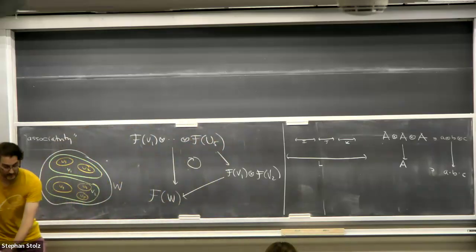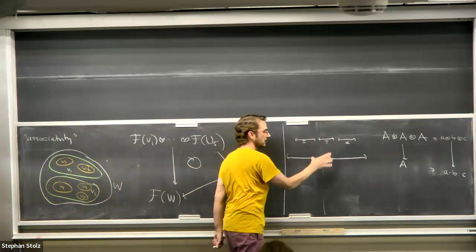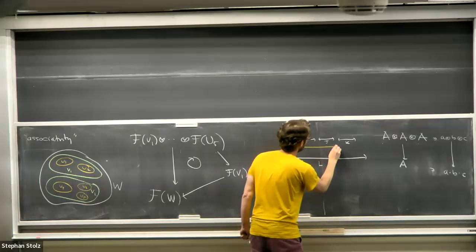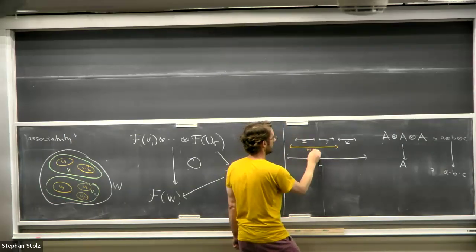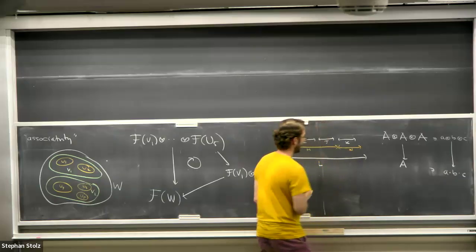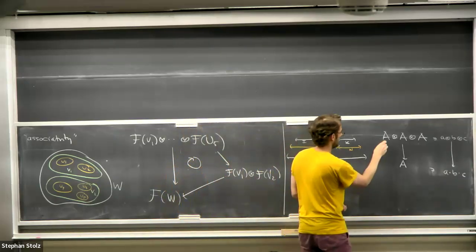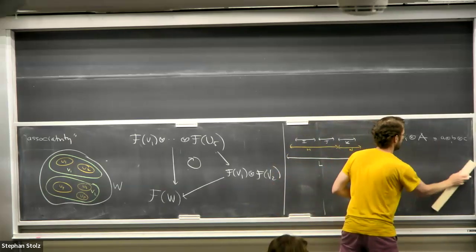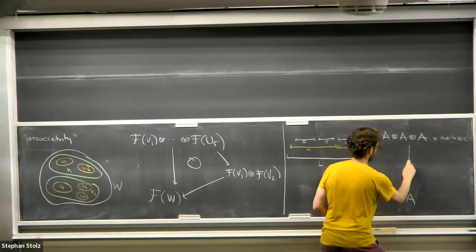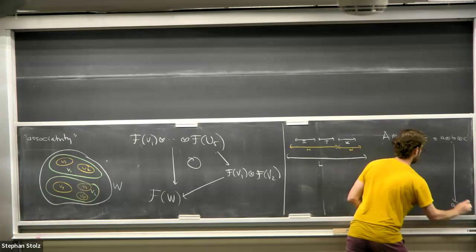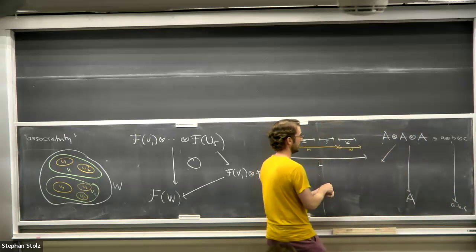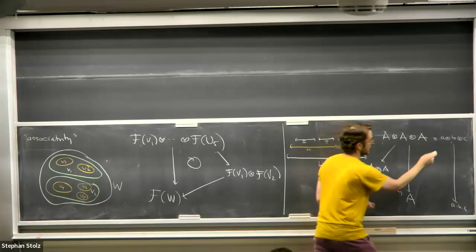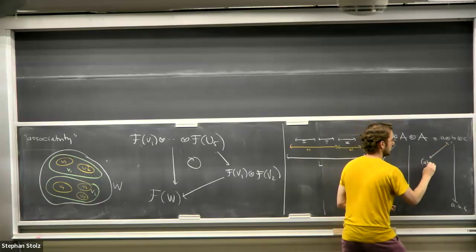But we could factor the inclusion of these three intervals into L in some way. For instance, we could put I and J into M, and N. Over here we have a copy of A tensor A, and this goes to a times b.